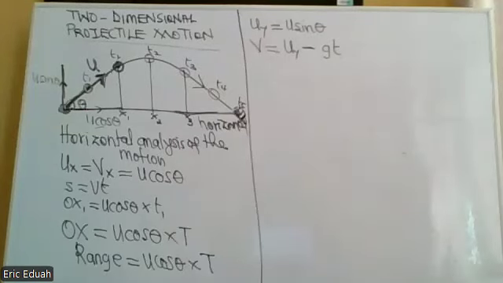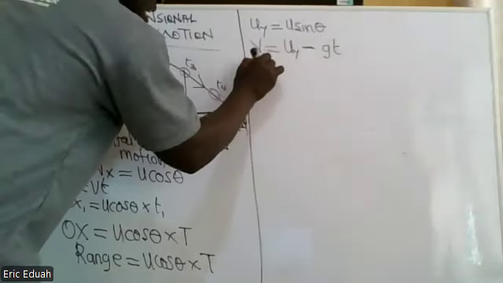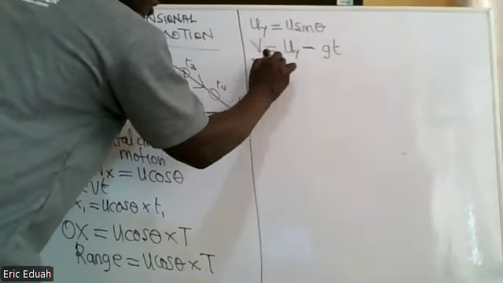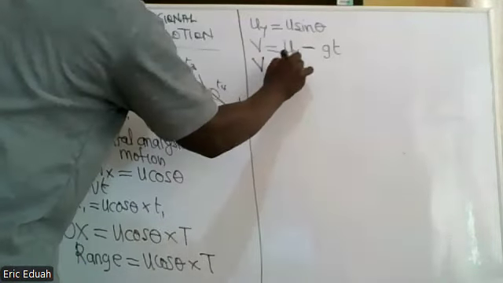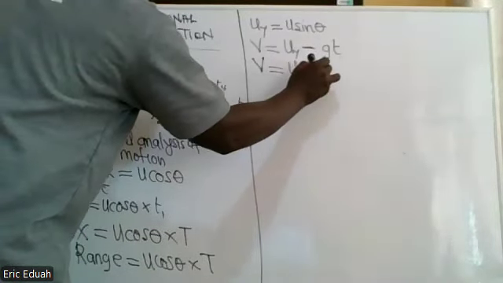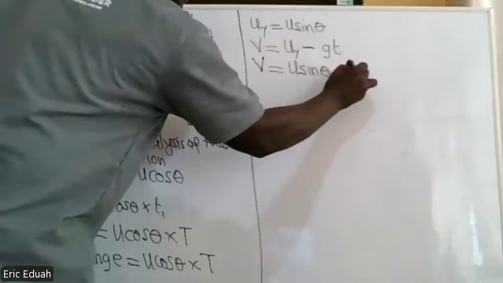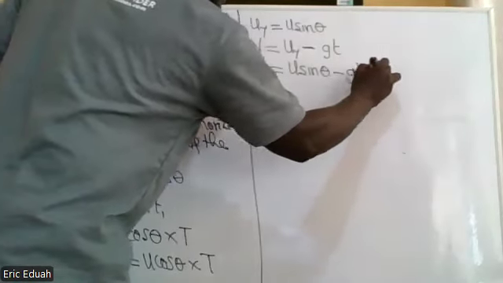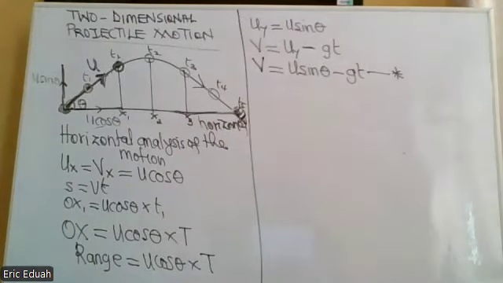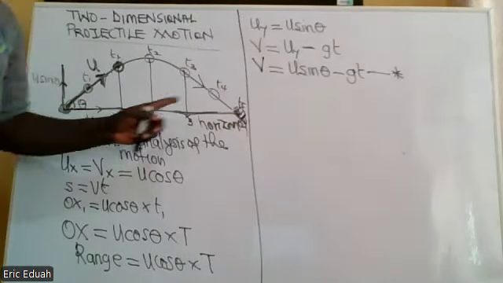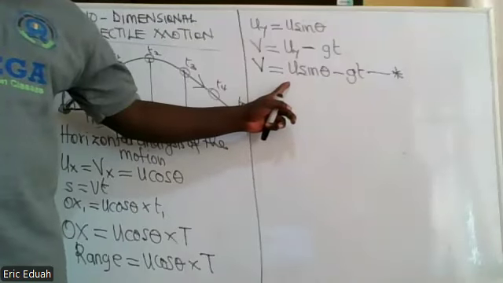So the velocity at any given time t would be equal to uy, which is u sine theta, minus gt. This is the equation which would help us calculate the velocity of the body at any given time t.